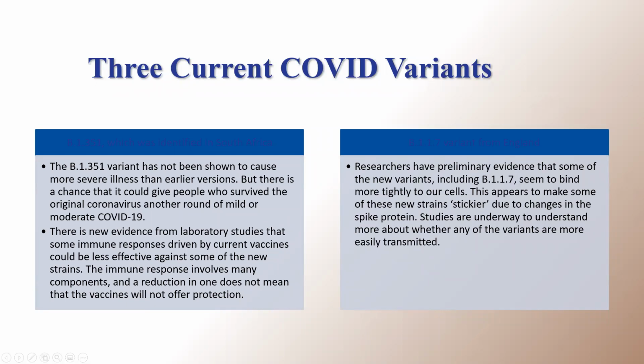Each time it mutated, it increased its transmission by changing its structure. It made its spike protein stickier, so it adhered easier, or it had a greater amount of spike proteins, which then gave a greater amount of adherence to the host tissue.